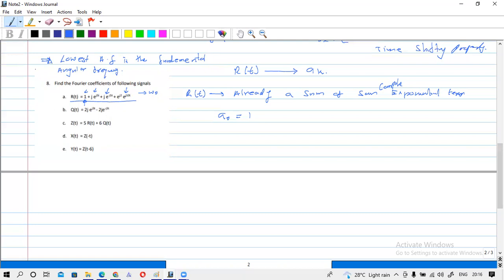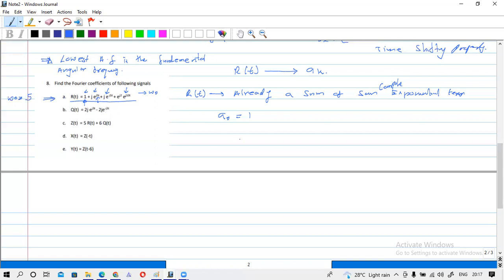Here, 5 is the lowest angular frequency, so we can assume that omega naught is equal to 5. For this signal, the fundamental frequency is 5.